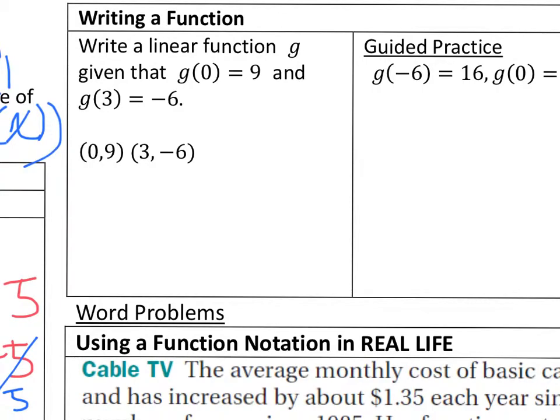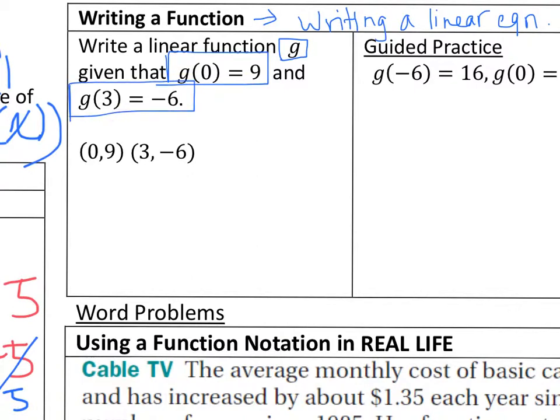Writing a function is the same thing as writing a linear equation. So when you're given a problem like write a linear function g, given that g of 0 equals 9 and g of 3 equals negative 6, you can conclude that for the first point, the x-coordinate is 0 and the y-coordinate is 9.